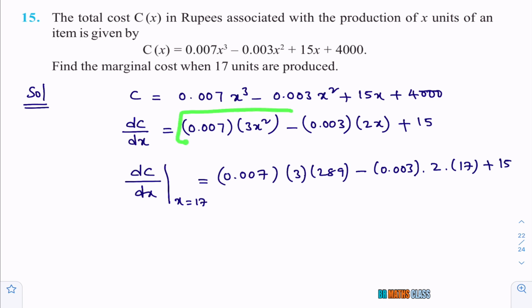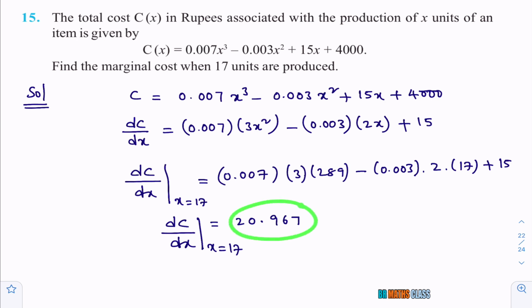In this, wherever x is there, I have written 17. Now if you simplify this, you will get 20.967. So the marginal cost when x equal to 17 in this problem is 20.967. I hope you understand this.